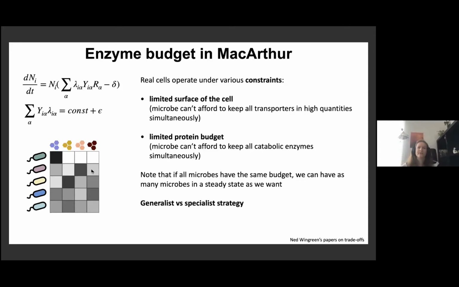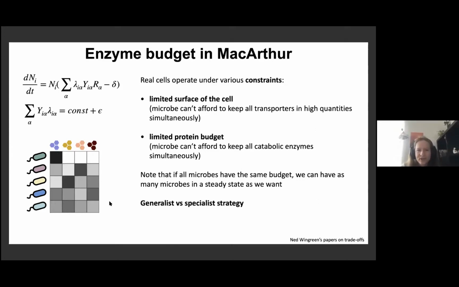Basically this assumption gives rise to the following interesting scenario, because when each microbe decides how it will place its bets, it can pick between two different strategies. One is you put everything in one resource. It's called a specialist strategy. And then you will probably maximize your growth as much as possible, because you just pick whatever resource has the highest uptake and highest yield, and you're good.